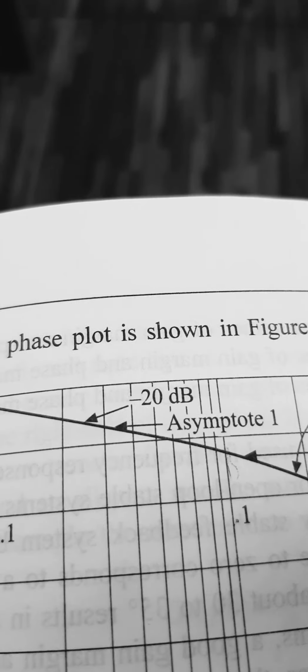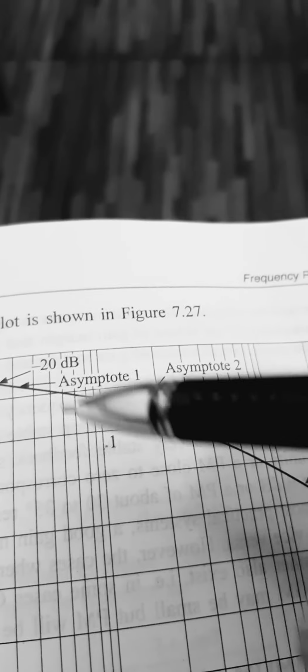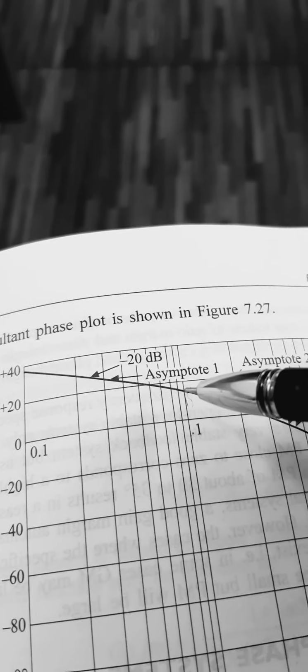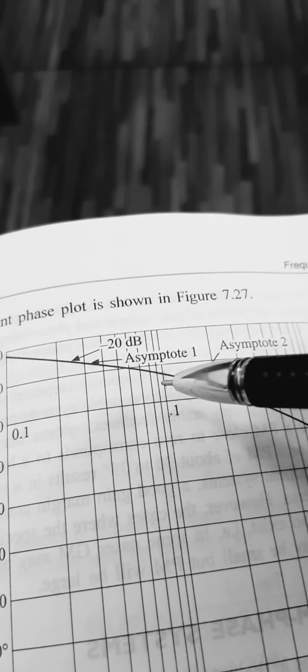So at omega equal to 1 you have 15.56 dB, and the slope is minus 20.